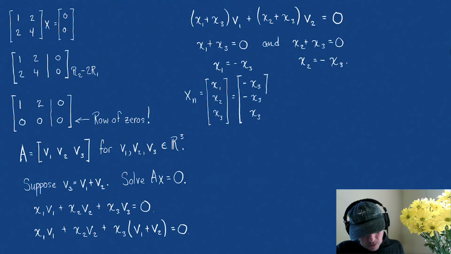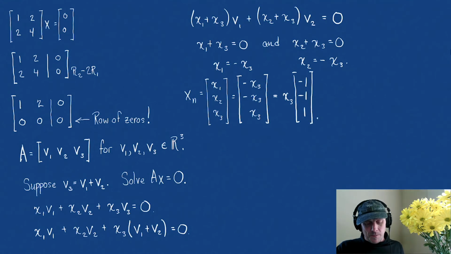Whoa! x3 is now a scalar. I'll write this as x3 times (minus 1, minus 1, 1). Oh my gosh, look at that. This is a vector in R3 being multiplied by a scalar.